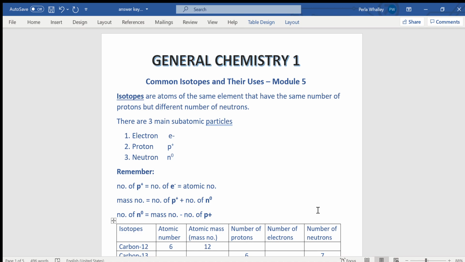Remember that the number of protons is equal to the number of electrons and also equal to the atomic number, and that the mass number is equal to the number of protons plus the number of neutrons. From this formula, we can derive that the number of neutrons is equal to the mass number minus the number of protons. So we can use this to provide the answers to the blank spaces in this table below.